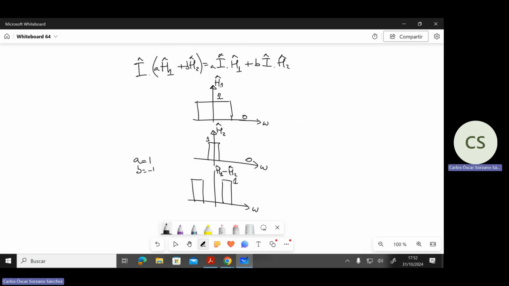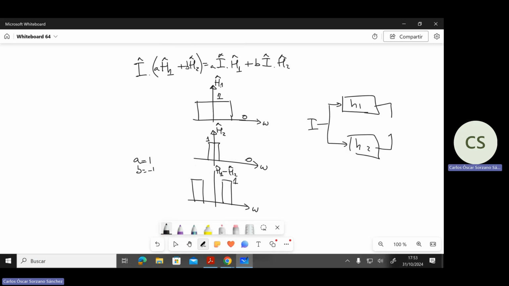That means that you can take your image in real space and pass it through two filters, one is h1 and one is h2, where this is small h.